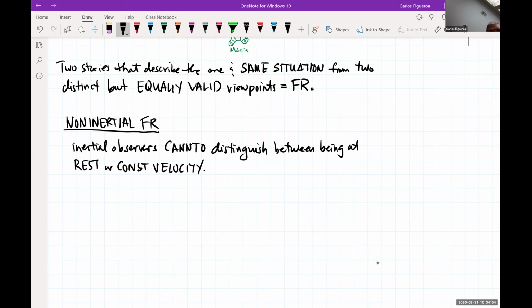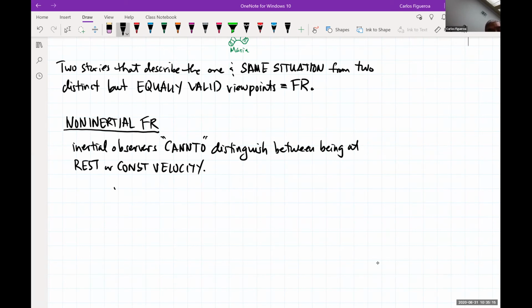So you cannot distinguish between the two here. That's what we mean by relativity.